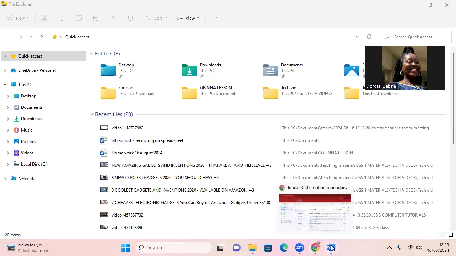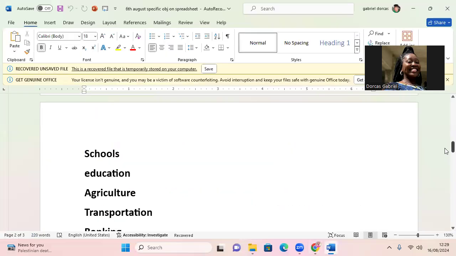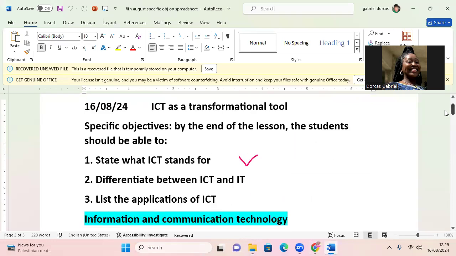Okay, so I'm gonna be sharing my objectives. In today's class, we have three specific objectives. As you can see, the topic says ICT as a transformational tool.